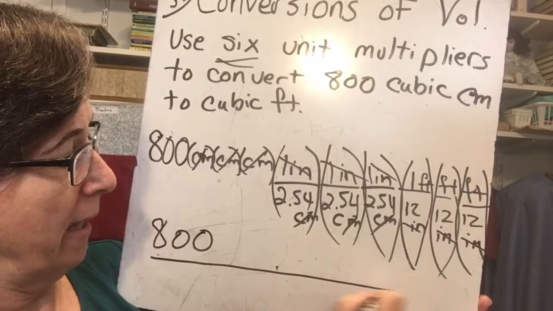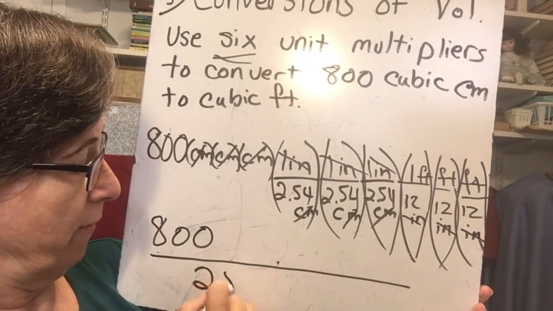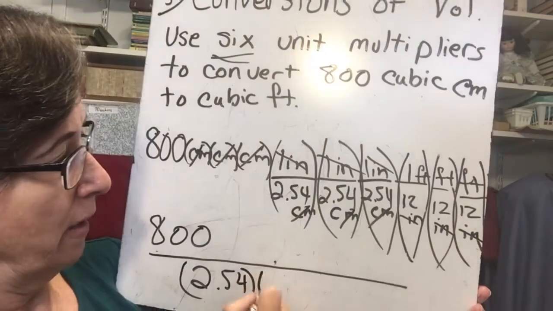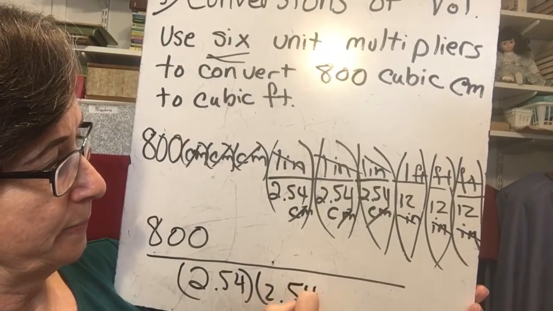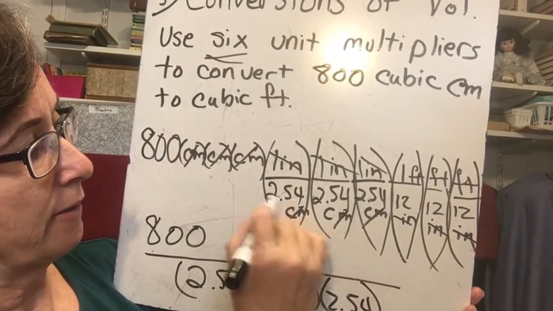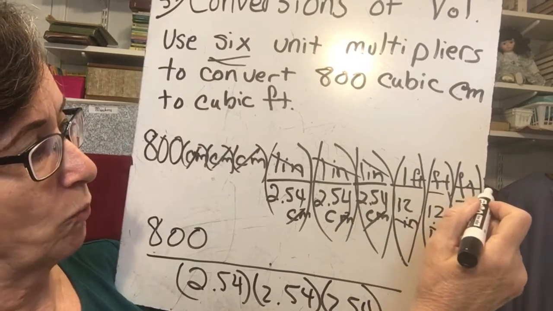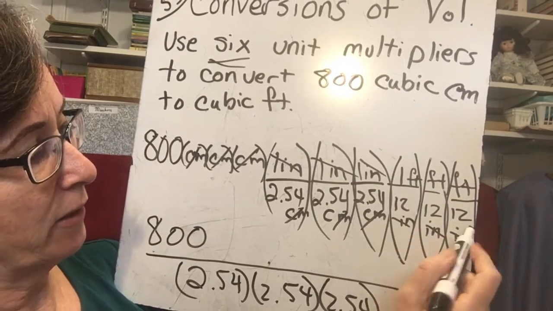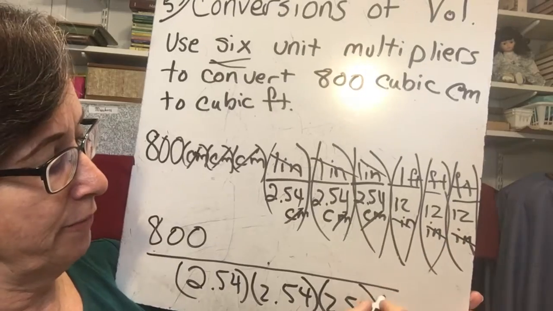So on the bottom, I should have 2.54, 2.54, 2.54. Okay, so now I took care of all of that. All of that's just 1. And then down here, I've got 12, 12, 12.